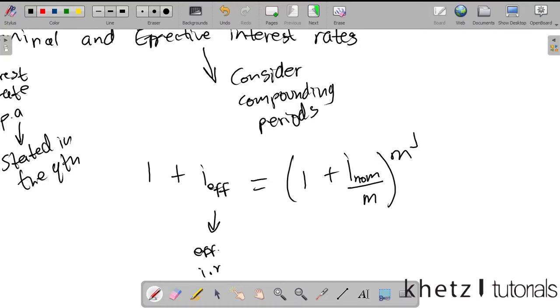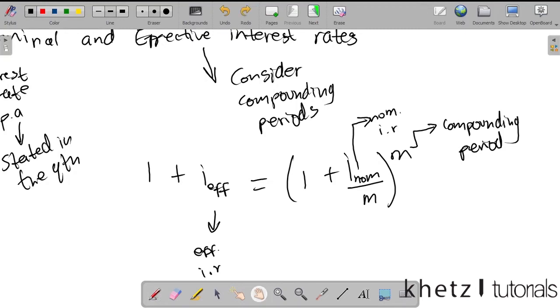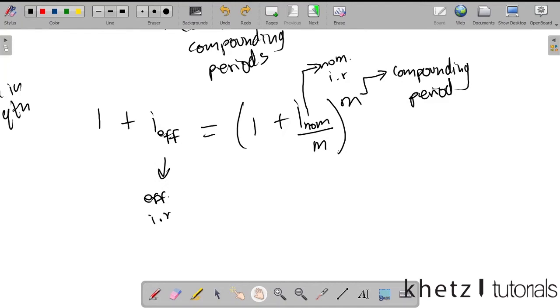Your m would be your compounding period, which is the same one as over there, and your i nom would be your nominal interest rate, and this is just 1 over here, and here you have your effective interest rate, and this is also just 1. So you can basically swap between the two by using this formula given here, and I think I have an example for that. So now let's move on to the next page where we start with examples.